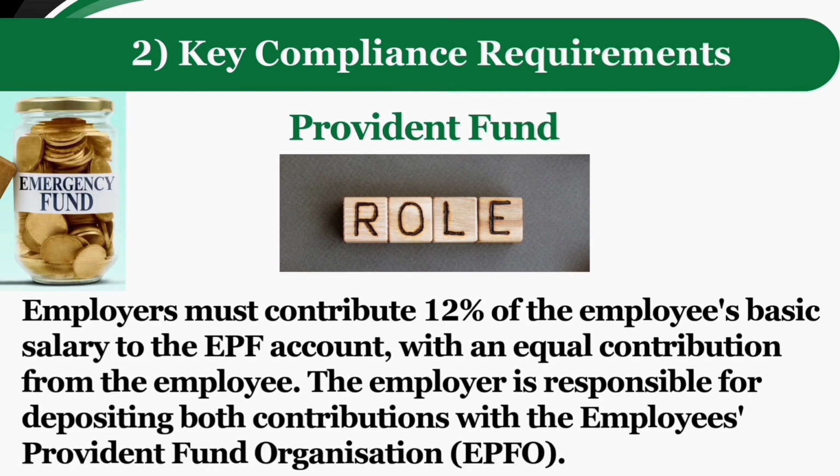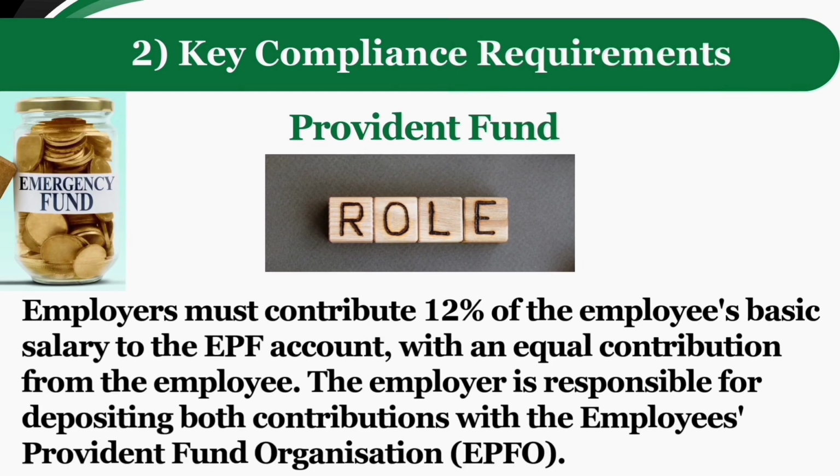Now see, employers must contribute 12% of the employee's basic salary to the EPF account, with an equal contribution from the employee. Now here also people complain that employers are deducting only from the employee's salary. See, this 12% is from the employer's side, not from the employee's side.